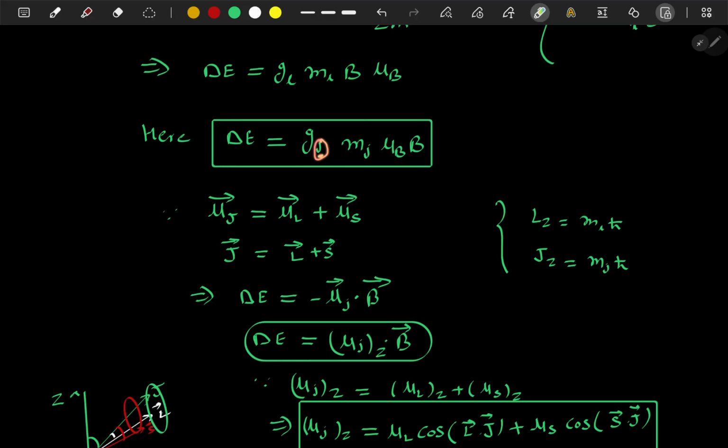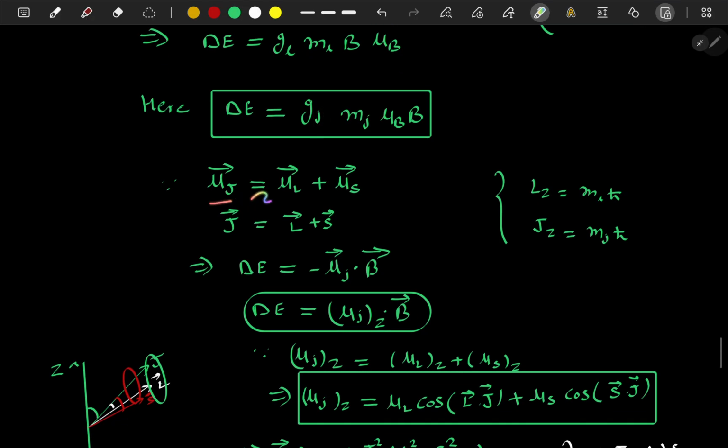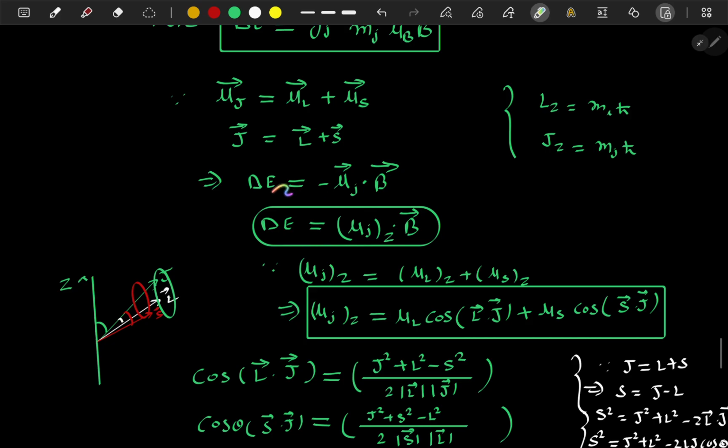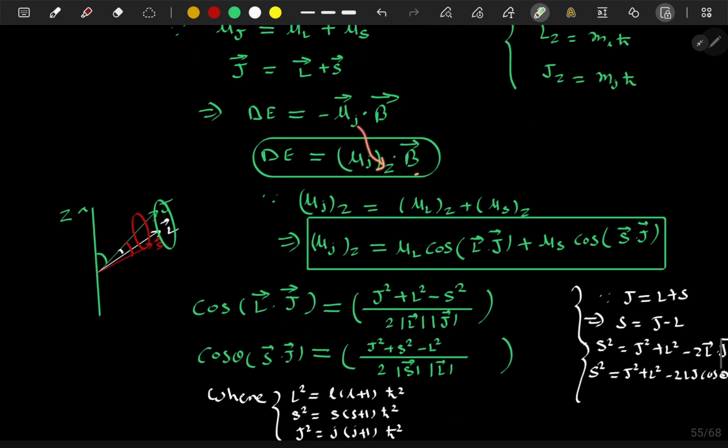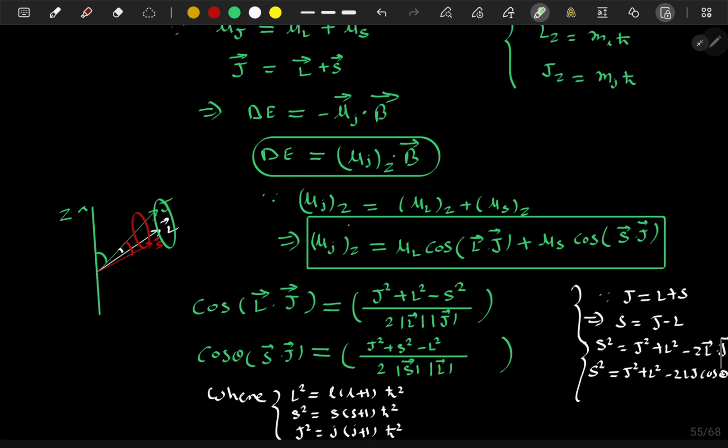Instead of L, we will consider the total angular momentum quantum number J. And what is μ_J? The magnetic moment with respect to the total quantum number, L plus S, spin plus orbital. So ΔE equals, instead of μ_B dot B, here μ_J dot B, and we take the z component of this. And what will μ_J z be? Look at this diagram. This is the z direction, this is the J.